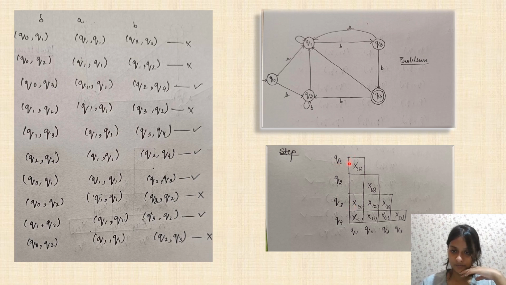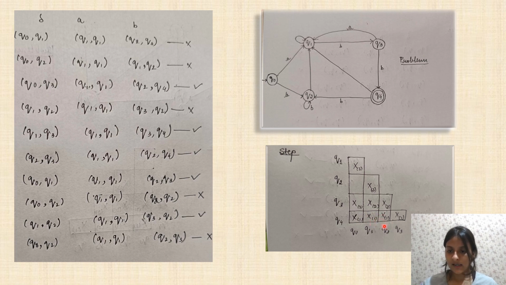So we will make a box like this, and this box will first be empty, and then we'll check which is the final state. Here we figured out the final state was Q4, so we have to mark Q4 wherever we see it, either horizontally or vertically. Anywhere we find Q4, we need to mark it with a cross sign. We'll mark all those boxes with a cross symbol.